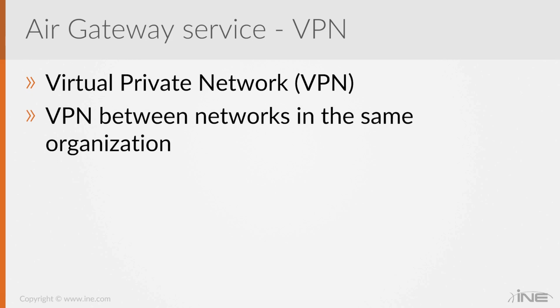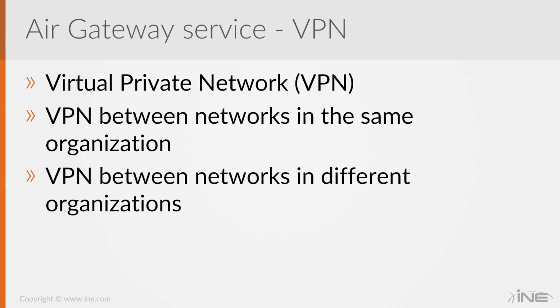And Air supports VPN between networks in the same organization, which means that in one organization you have multiple gateways, for example, and we put up a VPN between those two, and that basically allows you to segregate your workloads in two different VDCs, and yet, based on firewall settings and so on, you're able to actually communicate between those two VDCs. That's one of the first options that we will actually check.